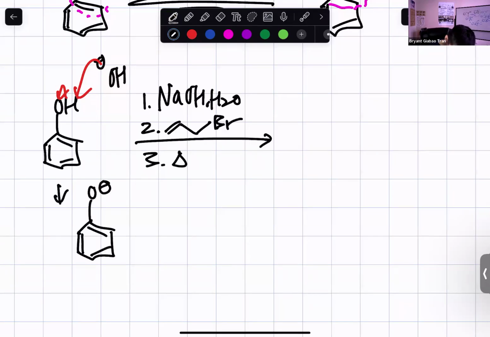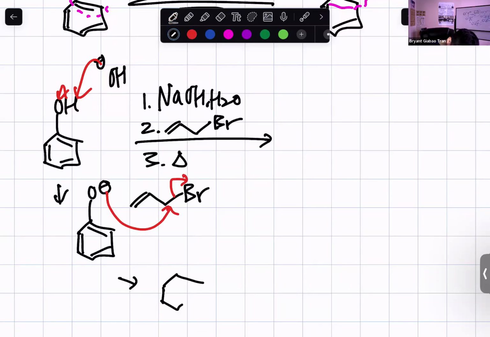And then from here, we're going to do an SN2 reaction where this O minus is the nucleophile that will attack that electrophile and kick out that leaving group. That's going to give us this product, where this was the star, this is the dot. That's the new bond between the star and dot.